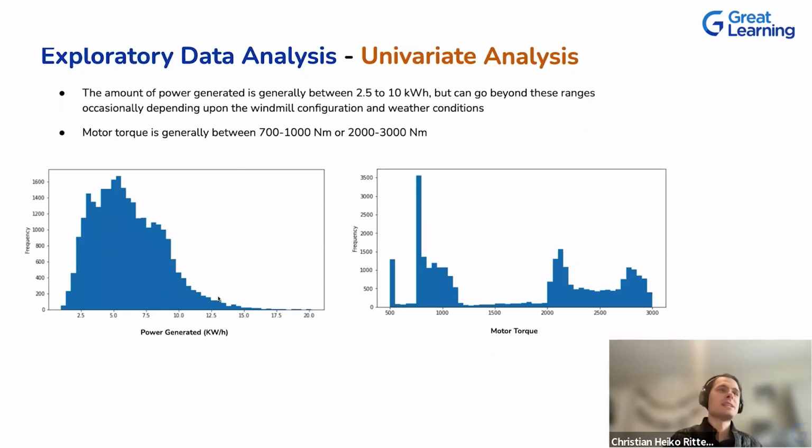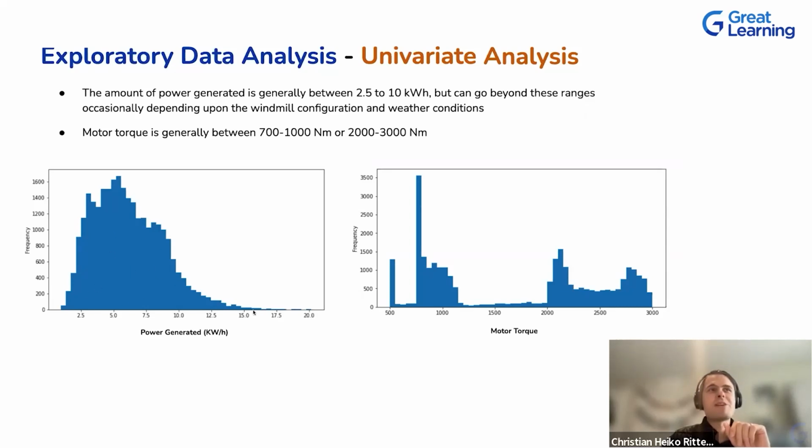As you see here, it's called skewed to the right, and there are only a few values where a lot of power was generated. Now, if I have only a few values down here and I build a model to predict the power generated, you might think that, if historic data matters a lot and the model derives information from the data, it might be very good at predicting where the most data is.